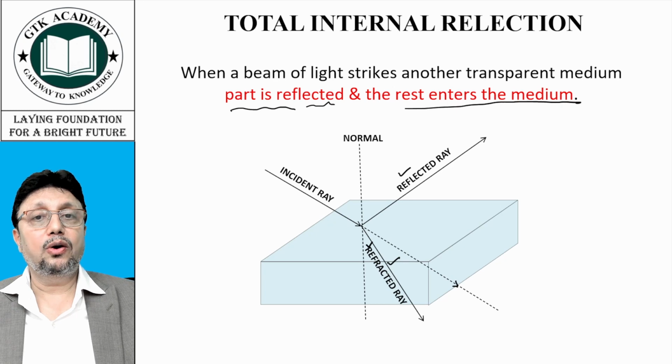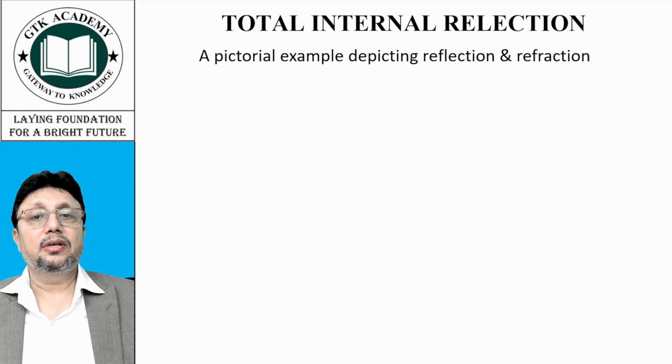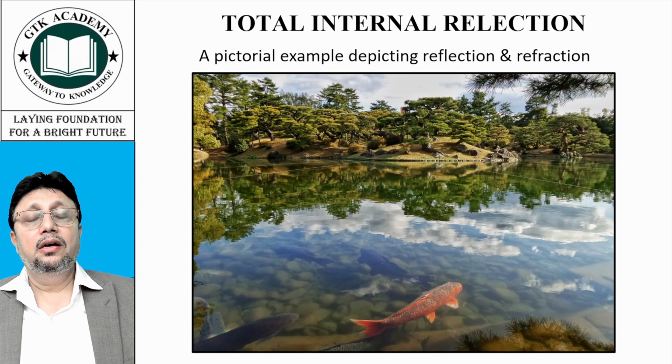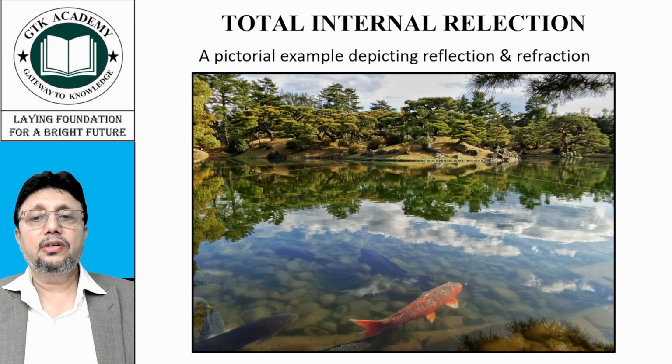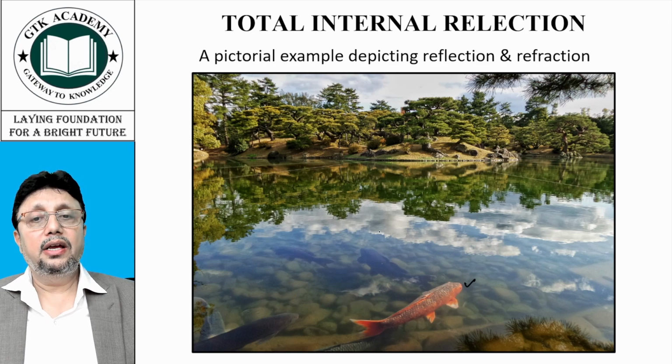Anyway, I'll clear that doubt with a pictorial depiction. This is a beautiful snap of a scenery. What can you see here? You can see a fish. Now, the fish is in the water, but how are you able to see it? Because the light rays, after refraction, are reaching the fish. And how are you able to see the reflection of the scenery outside?